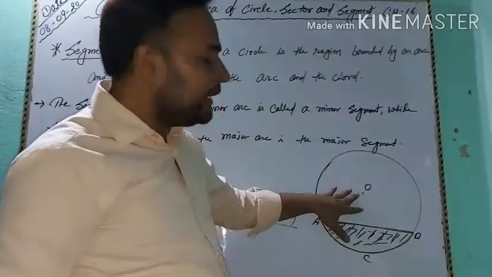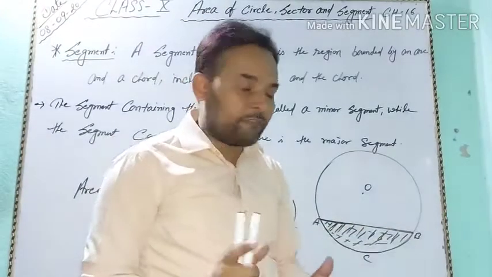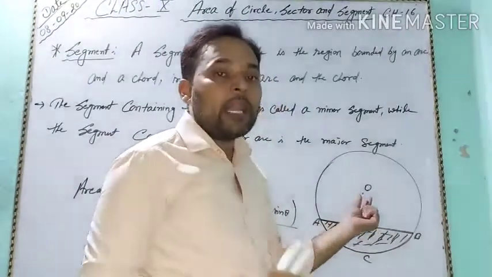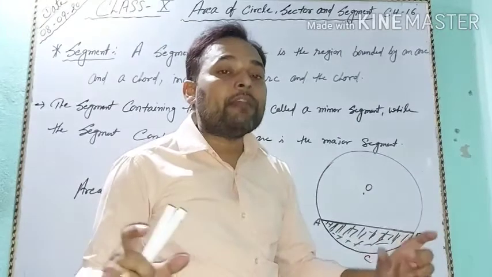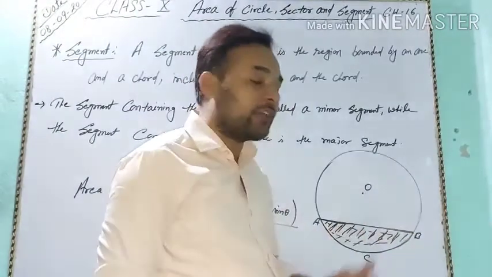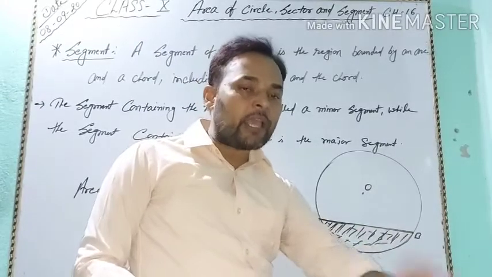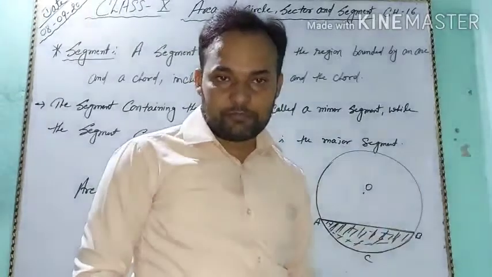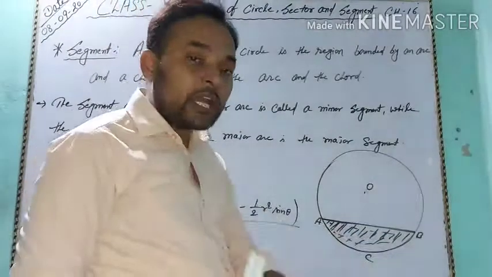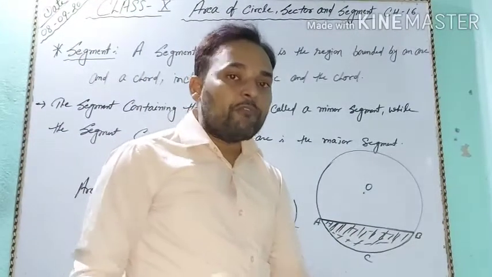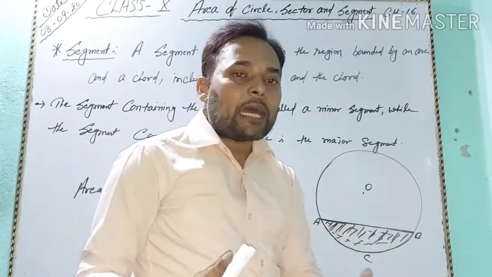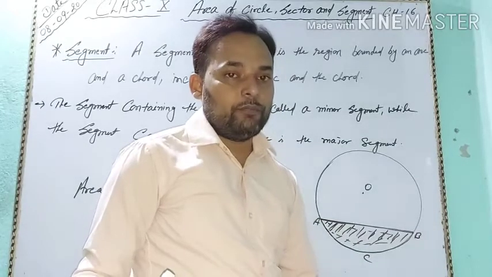The center of a circle lies in the major segment, यानी सेंटर जो होगा सर्किल का वो हमेशा मेजर सेगमेंट में होगा। जिस सेगमेंट में सर्किल का सेंटर पाया जाए वो सेगमेंट मेजर होगा, ओके। Segment is the region of the circle which is bounded by an arc and a chord.